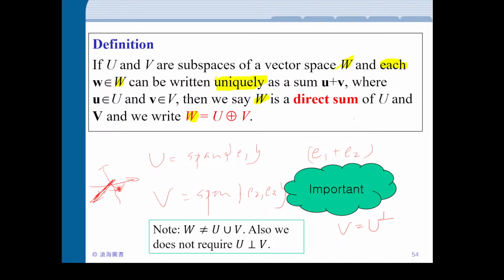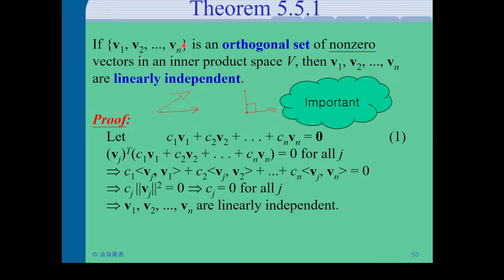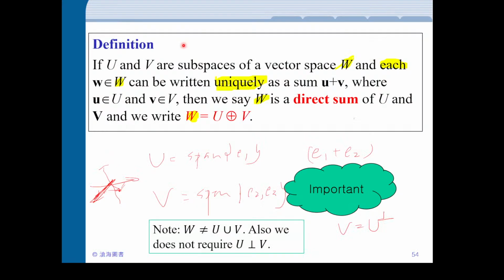The second note is a bit confusing here. Because you will be talking about orthogonal complements, you might think you want U and V to be orthogonal complements of each other, and most of the time that is how you use this definition. But in this definition, we actually didn't say U and V need to be perpendicular to each other.